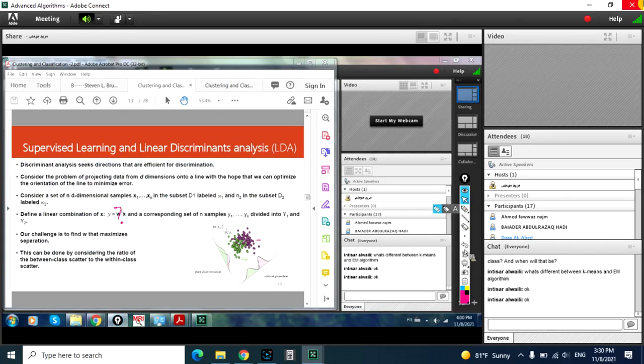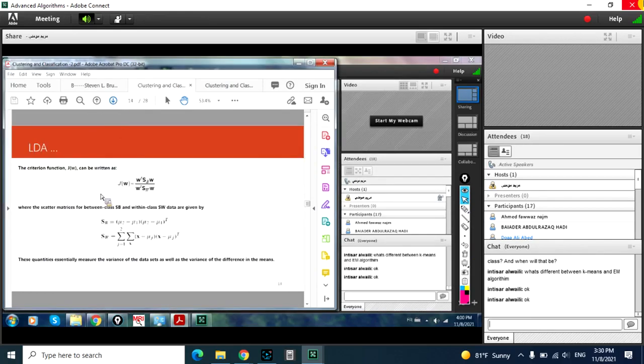According to our main goal, we want to have high similarity in each class and low similarity between classes.